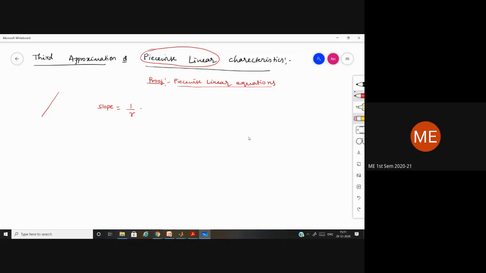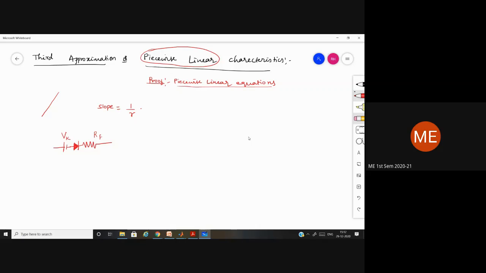From this, what they assumed is, the diode is not only having a battery and an ideal diode, it is also having an inbuilt resistance. That inbuilt resistance is taken as RF, the forward resistance, and VK is the battery. This was the new circuit, the third approximation circuit.